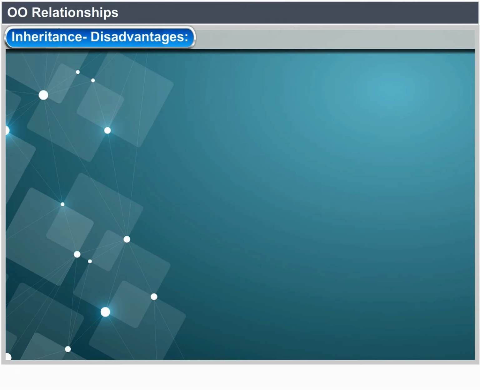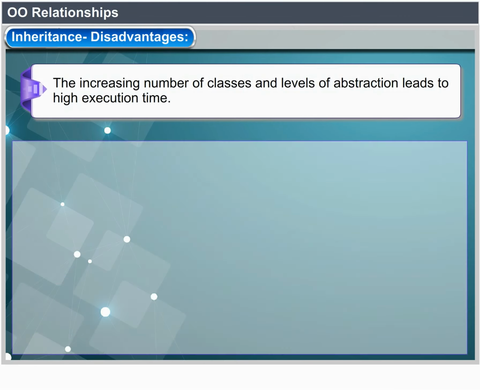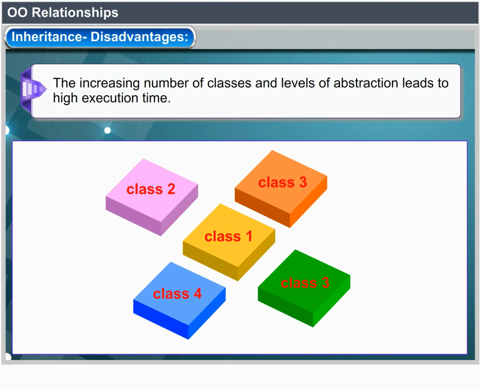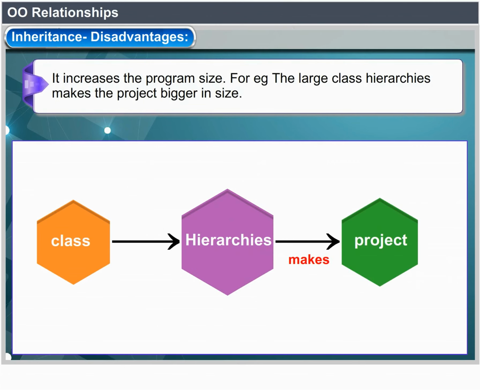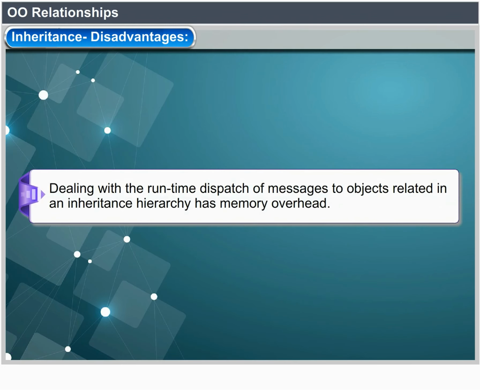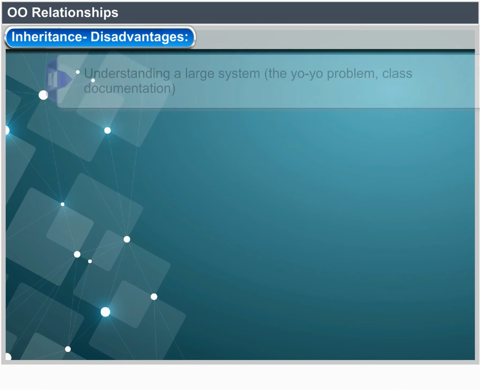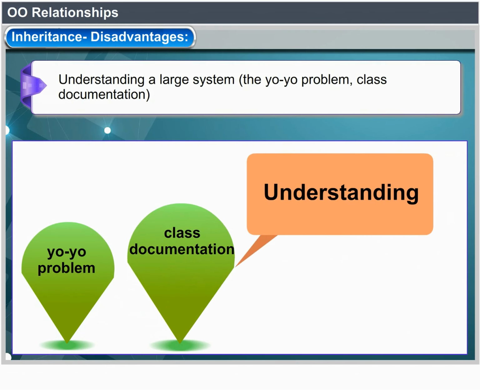Inheritance disadvantages. Increased class abstraction coupling. Program size. Using large class hierarchies makes your project bigger. Dealing with the runtime dispatch of messages to objects related in an inheritance hierarchy has memory overhead. Understanding a large system, the yo-yo problem, class documentation.